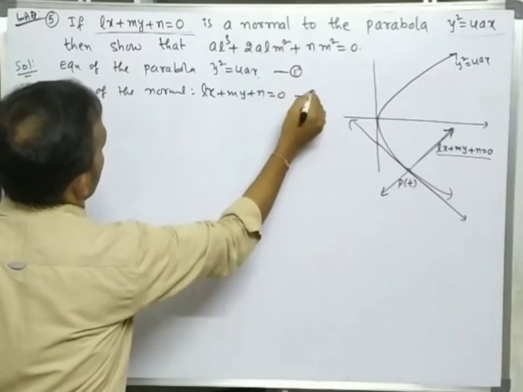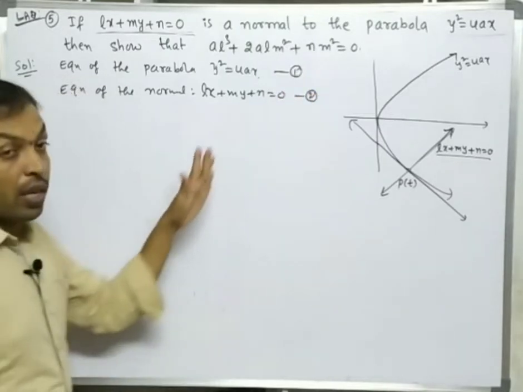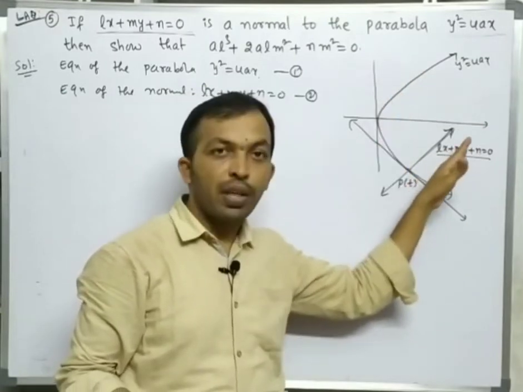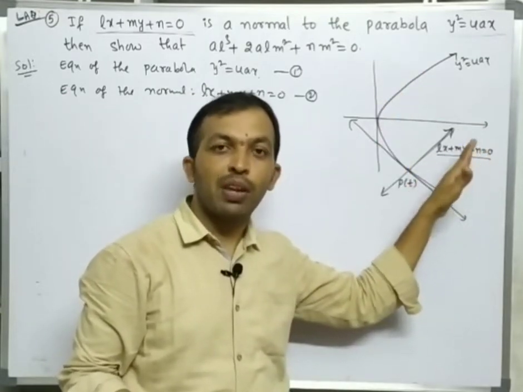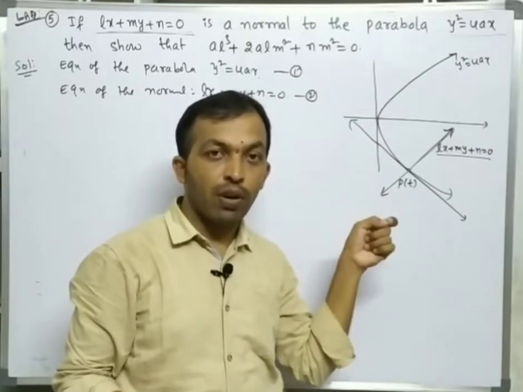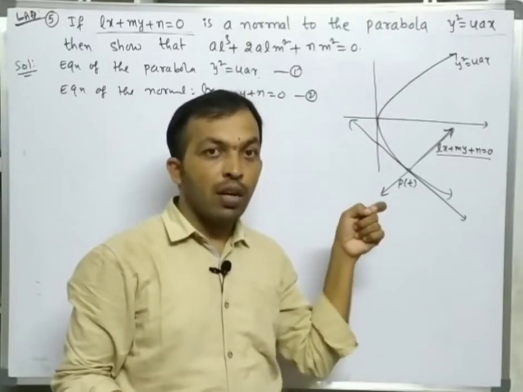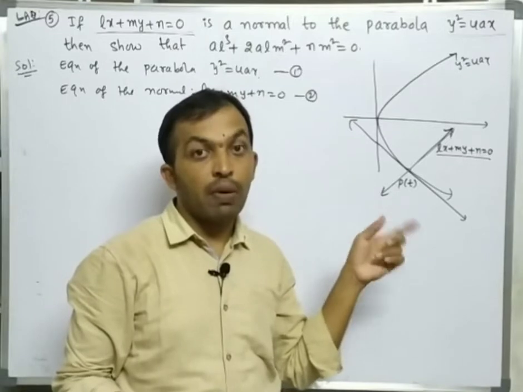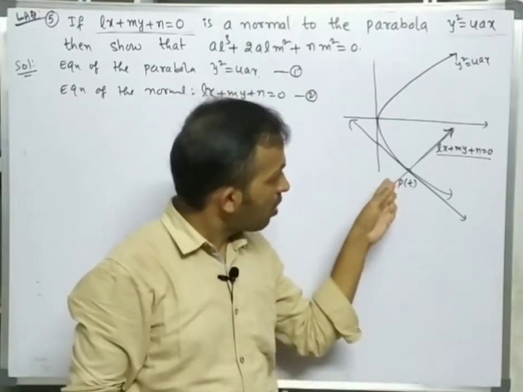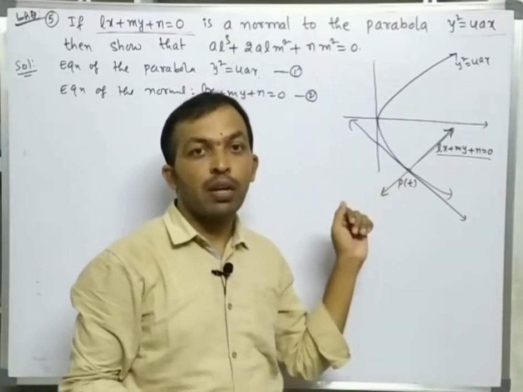Equation number 1, 2. Okay, the equation of the normal to the parabola at one point is given, that is Lx plus My plus n is equal to 0. Now recall what is the formula for the equation of the normal in parametric form. This problem also can be done by using the parametric method.